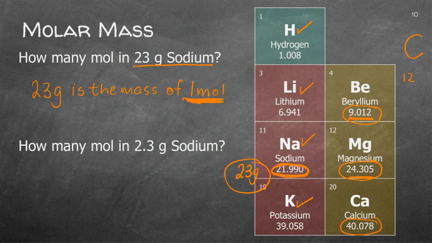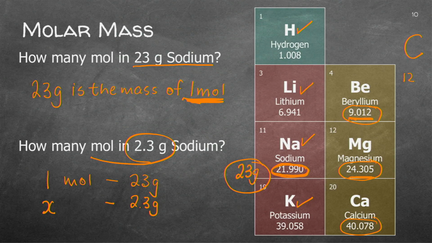Be careful that you don't forget how to translate the information in the periodic table. The question put to you will be something like, how many moles in 2.3 grams? Now I'm going to do exactly the same as I did with the bananas. If 1 mole is 23 grams, how many moles in 2.3 grams?